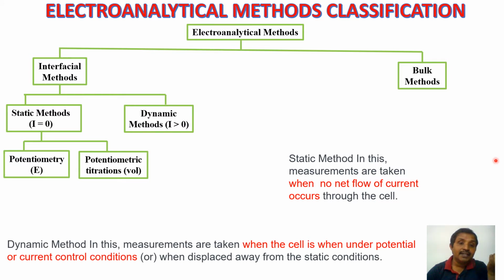Now, dynamic methods. In the dynamic methods, the measurements are taken when the cell is under controlled potential or controlled current conditions. It means when controlled current is flowing through the cell, such electrochemical methods are called dynamic methods.